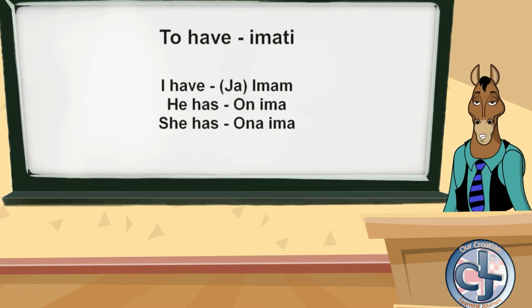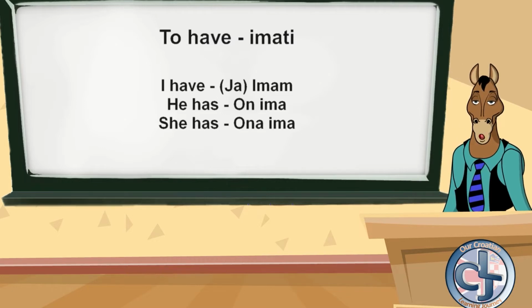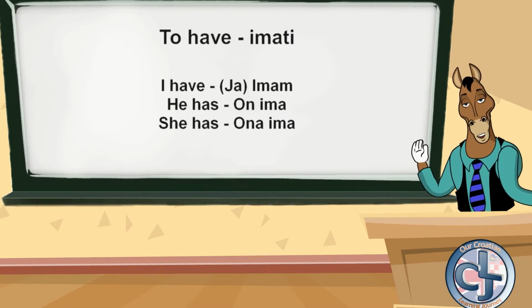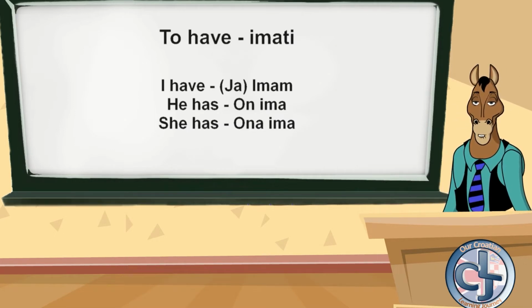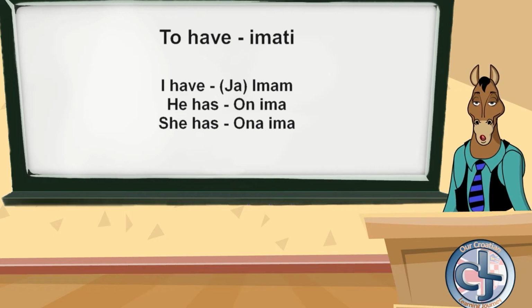I have is ja imam. And again, because the subject is normally obvious, it is omitted. It is also a bit like I've and is just imam. He has and she has both use the same verb form ima. So he has is on ima and she has is ona ima.